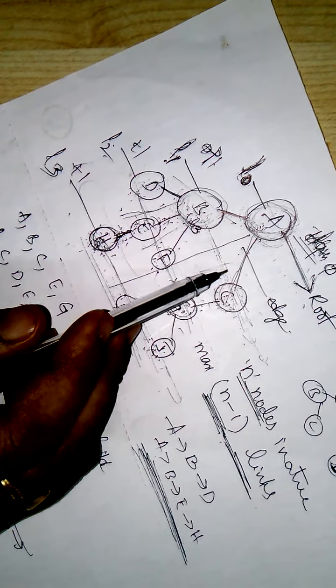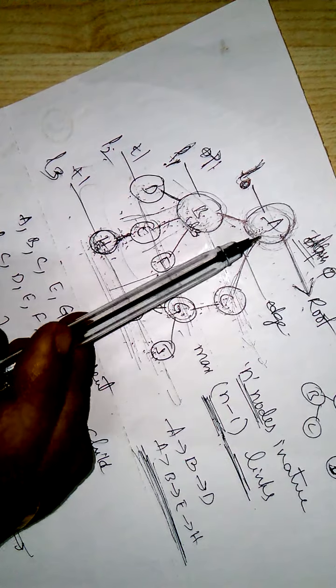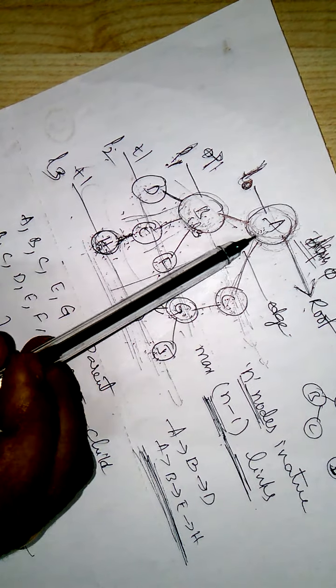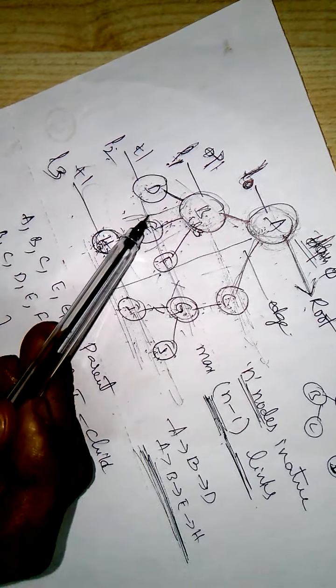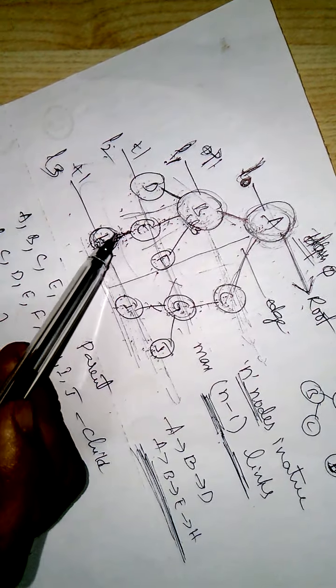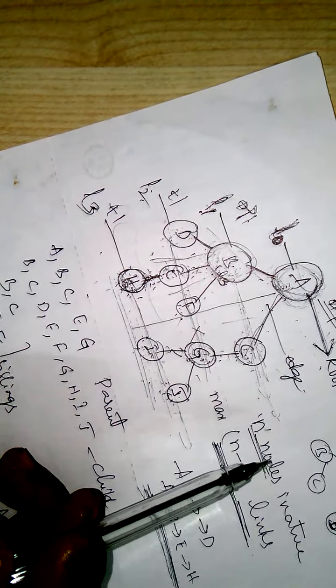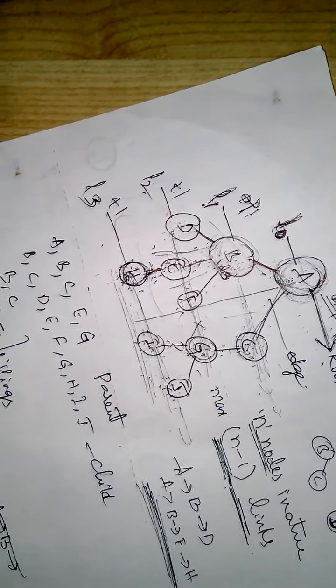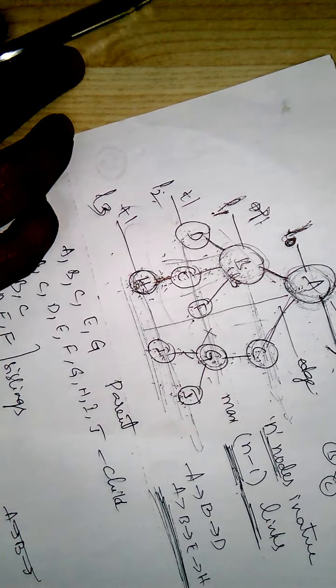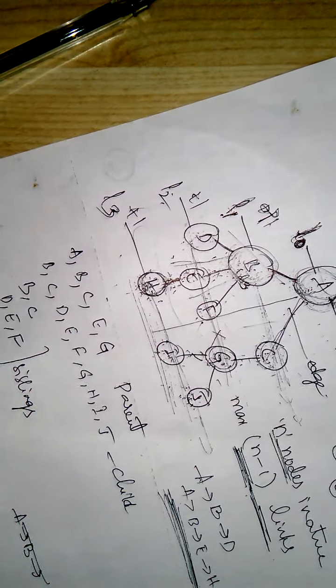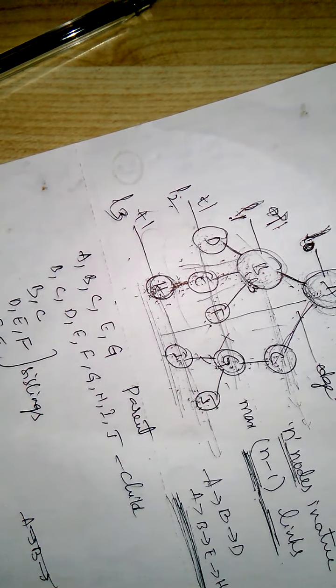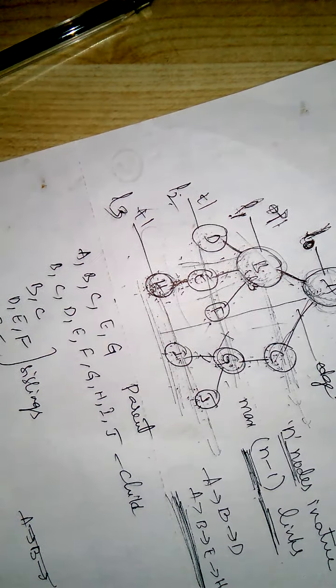Depth is the total number of edges from root to a particular node. And we learned forest, path, and subtree. These are the terms we learned in tree data structure. In the next video I'll explain binary tree.